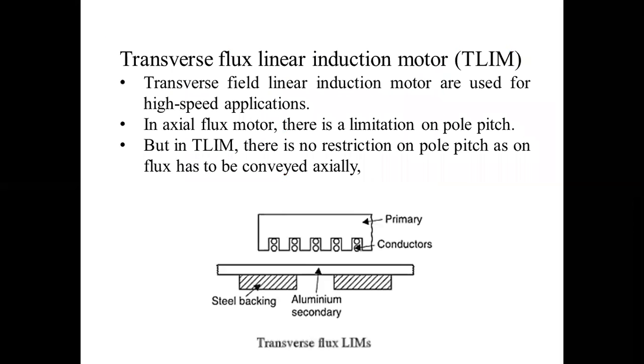Axial flux linear induction motors are used for low speed applications, while the transverse flux linear induction motor is used for high speed applications.